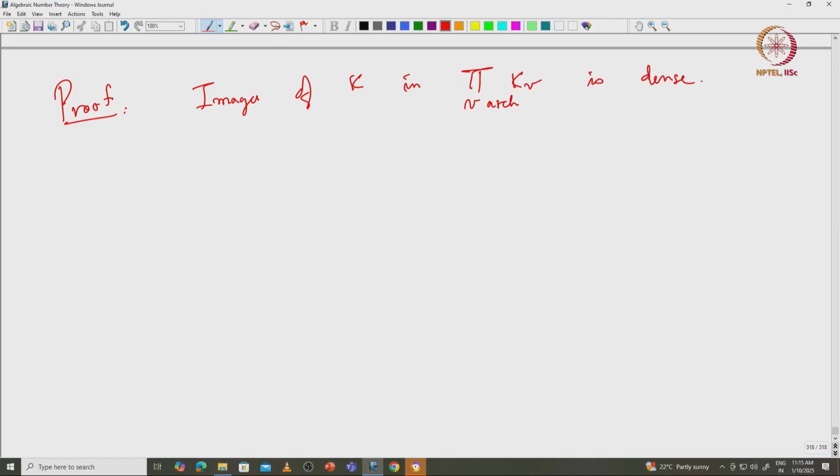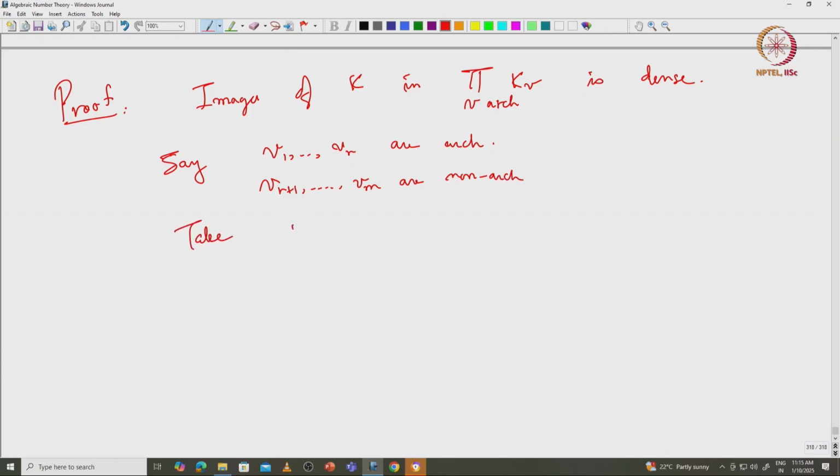This is what we proved. So, let us say V1 up to VR are Archimedean and VR plus 1 up to Vm are non-Archimedean. So, we renumber Vi's and alpha i's in this way.